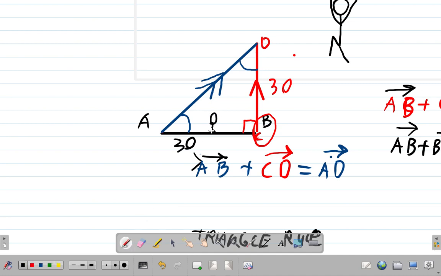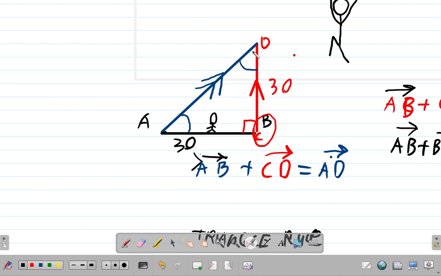This is you walking around the triangle. You are at A and want to go to D. You have two routes that you could take. You could travel from A to C, then turn the corner, go from C to D. Or you could go from A to D directly.